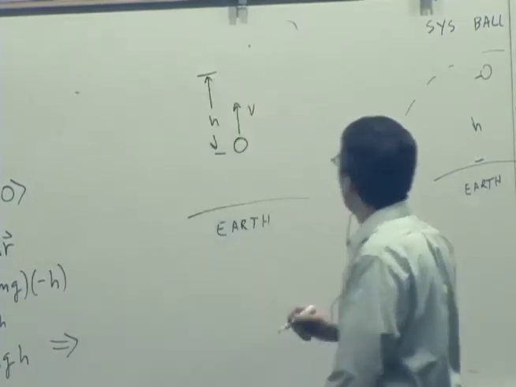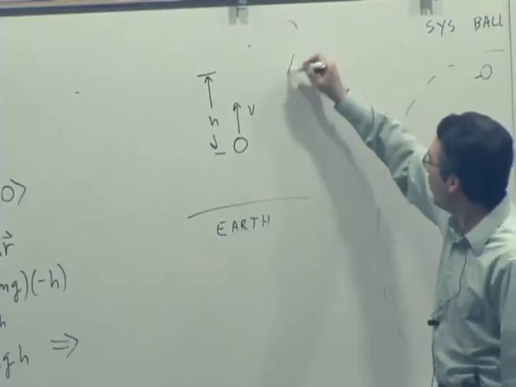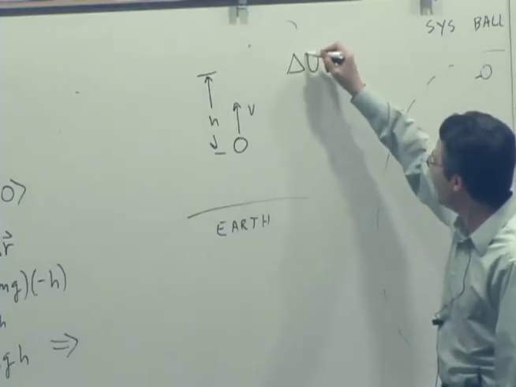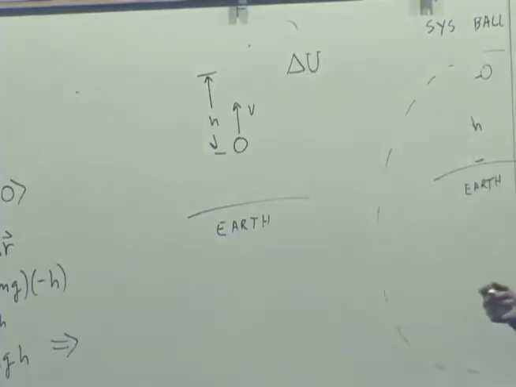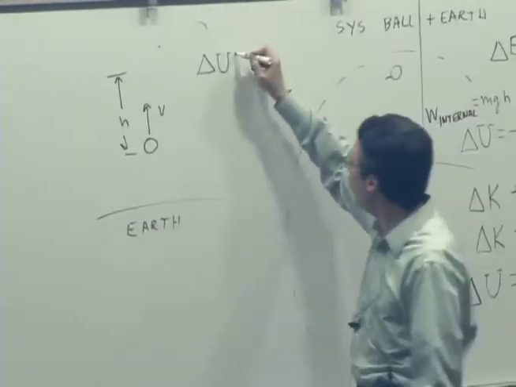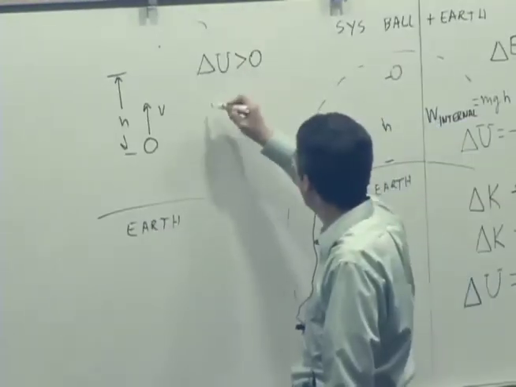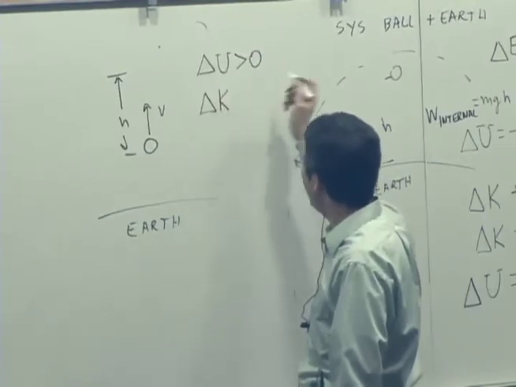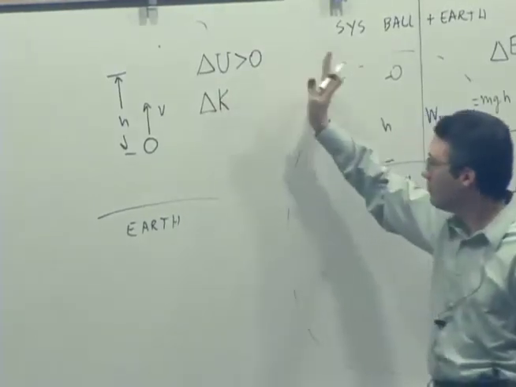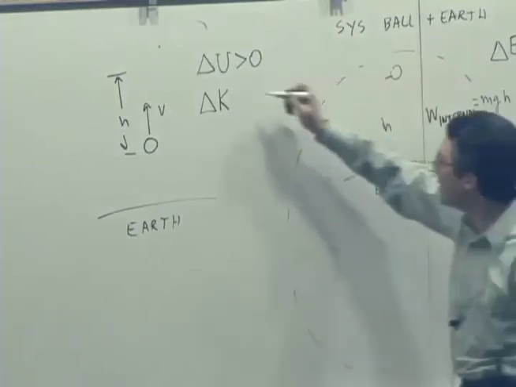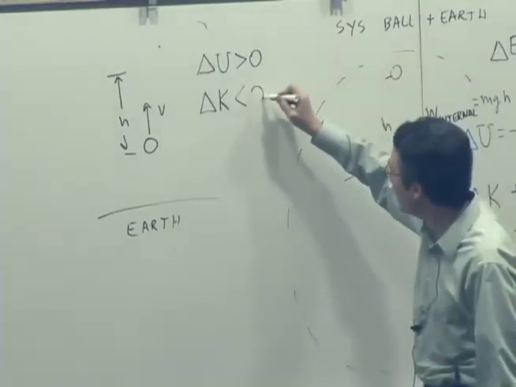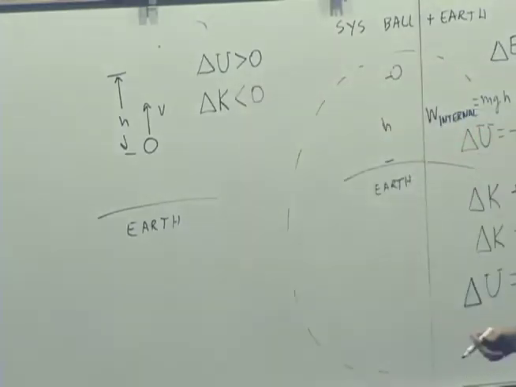What changes here? What would be the sign of the change in potential energy in this case? It'd be positive, right? It's getting farther and farther away, so delta U is greater than 0. Delta K would be decreasing, so delta K would be less than 0.